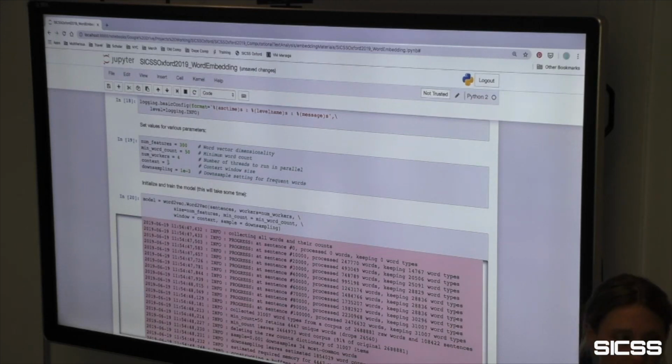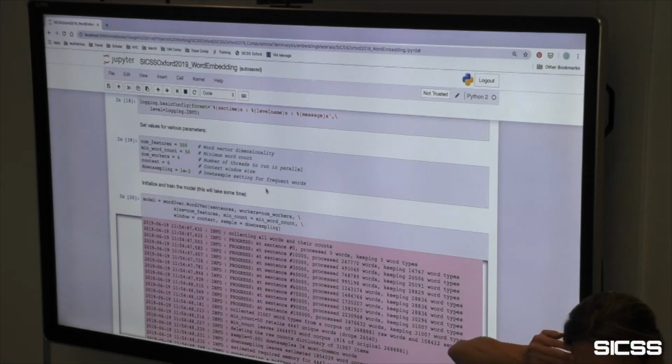The number of workers is about the processing of it, doing parallelization so that it's going quicker, depending on the computation power of your computer. Context: remember, if you have a target word, it's the number of words around it that you want to consider. Somewhere around 8 is what some studies have suggested for the English language.